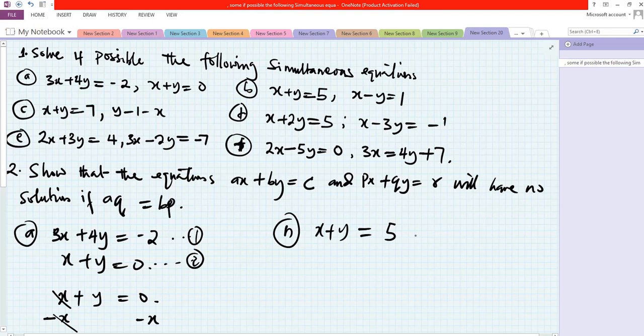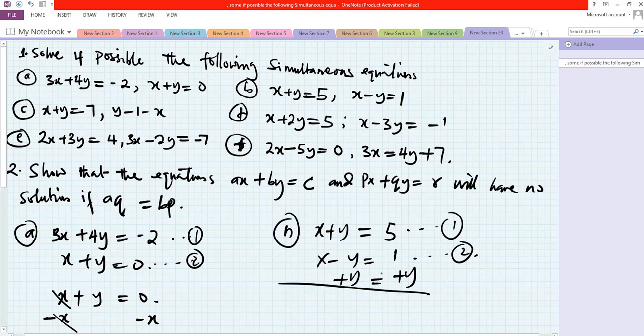So now this is equation 1, and x minus y is equal to 1 is equation 2. When you see both equations, the coefficients are 1. So in equation 2, I will change it by adding plus y to both sides.